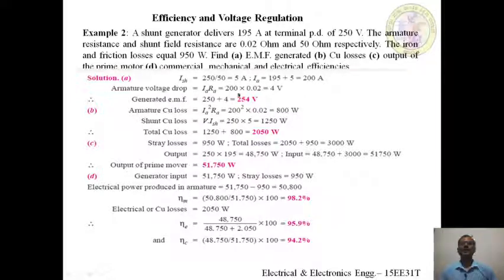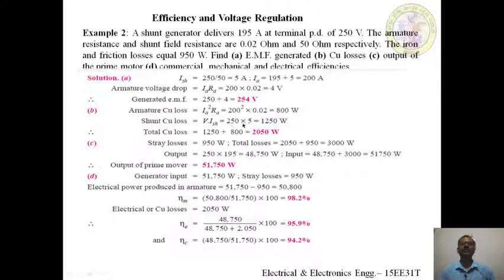To calculate the copper losses: armature copper loss plus shunt copper loss. Armature copper loss is given by IA square RA. IA we calculated, RA is given, so armature copper loss is 800 watt. Shunt field copper loss is given by either ISH square RSH or V into ISH. Either formula we can use.